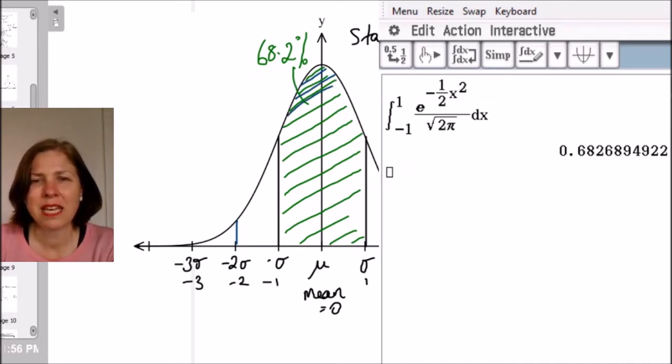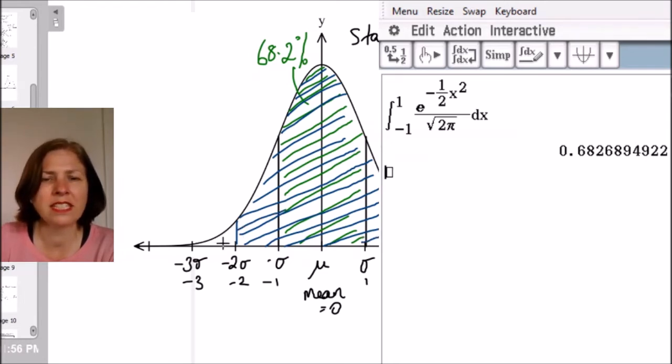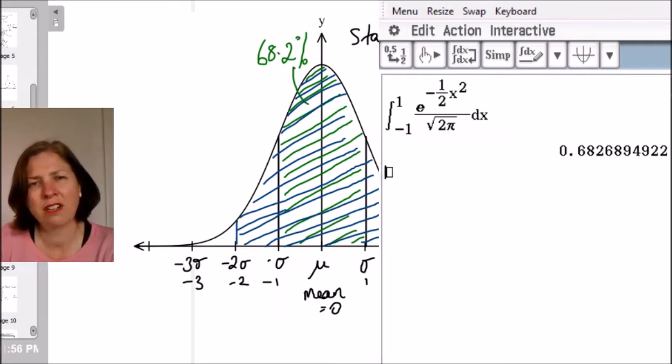So let's make this a blue shaded region. We get the idea that it's not just those end bits we're looking at, it's this whole region. Just by looking at it, you can see I'm shading almost all of the area under the graph. The area that's unshaded is this little patch down here on the left and this little patch on the right. There's very little that's unshaded.